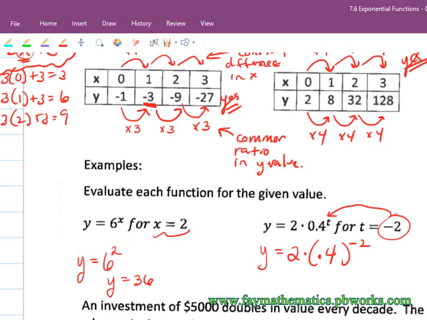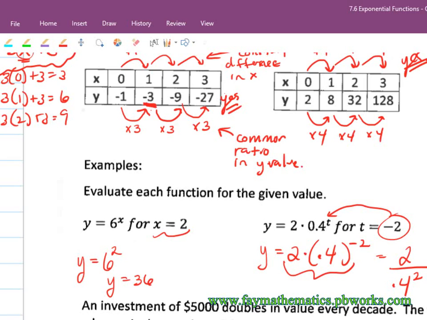So just working a little bit with this, think about our laws of exponents that we've been talking about. Hopefully it makes sense that we would have actually 2 over 0.4 squared. That's how that's really going to evaluate. 0.4 squared is 0.16.